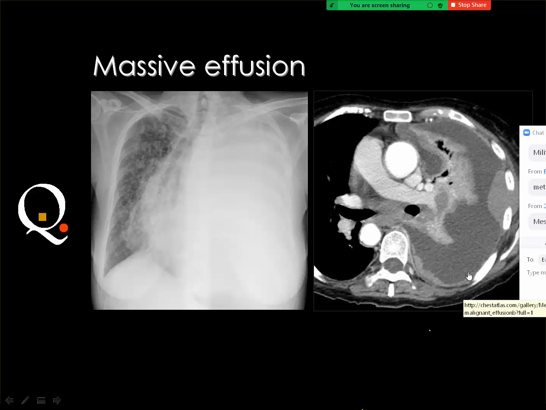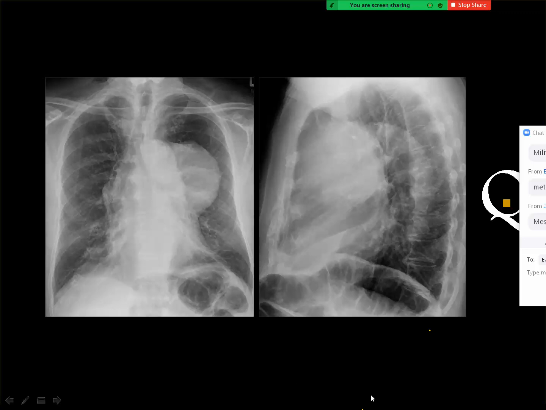Of course, focal mesothelioma can occur, but I would not say extremely uncommon, but it is relatively rare compared to the diffuse type of mesothelioma.